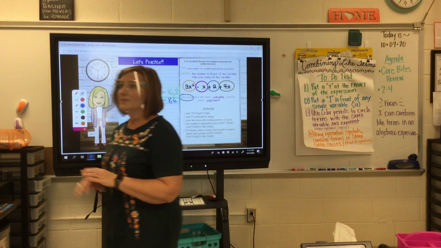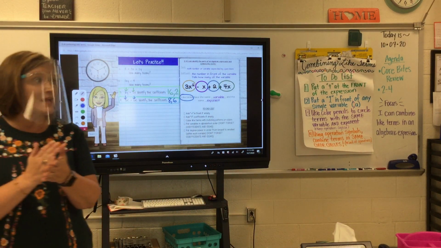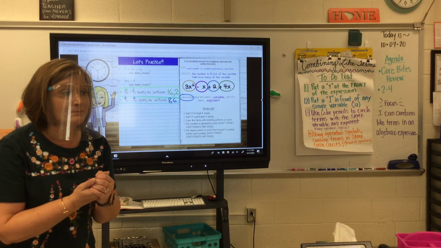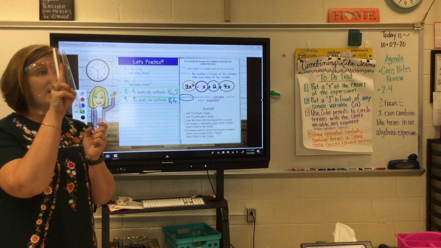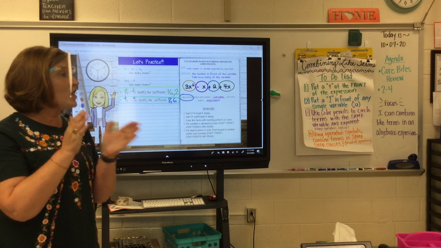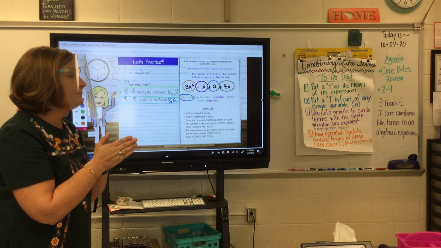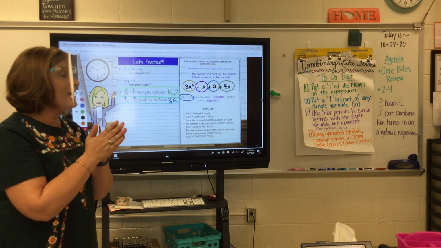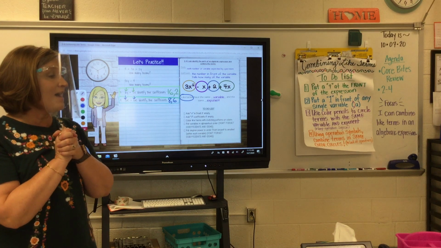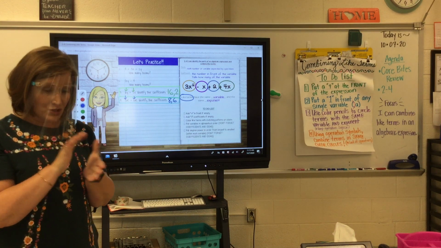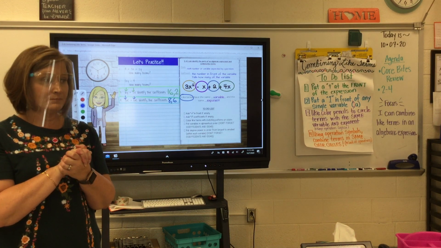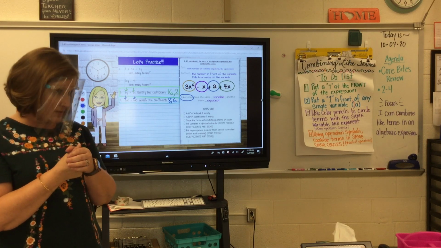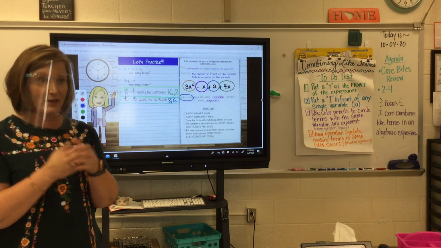So, it must have the same what? Exponent and variable. Josh, it must have the same what? TJ, what must it have? Justin, the same variable and exponent. Caitlin, it must have what?